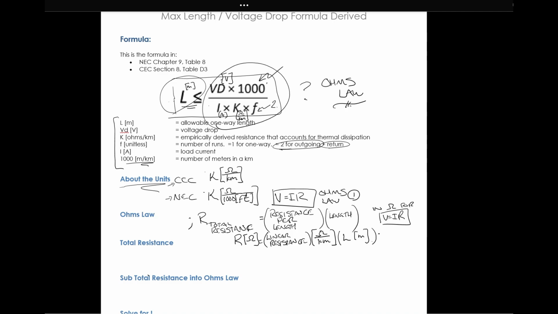So I'm going to have to convert kilometers into meters. So I'm going to have 1 over 1,000 here, because kilometers is in the denominator. I have to put this in the numerator. So now I have resistance in ohms equal to this linear resistance, which is K, in ohms per meter now, times length in meters.